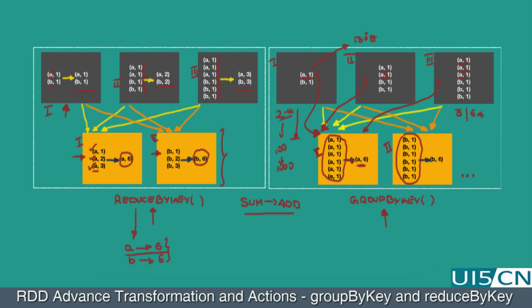So if we have a scaled up scenario where keys are large and values are big, then group by is not a better approach because it will result in too much network traffic and congestion within the Spark cluster, and sometimes that results in an out of memory error.